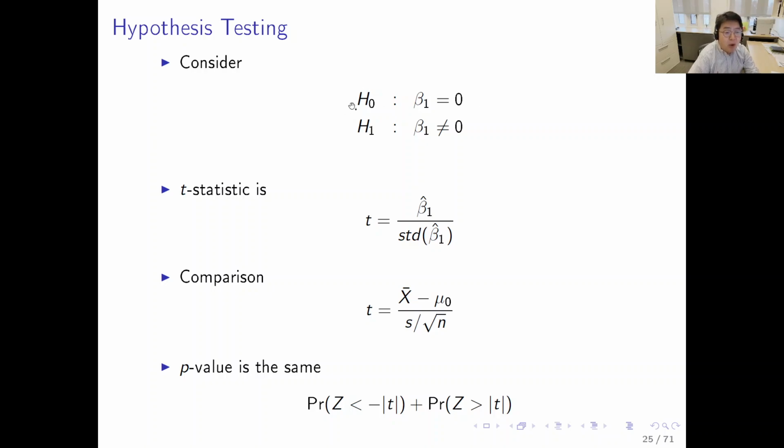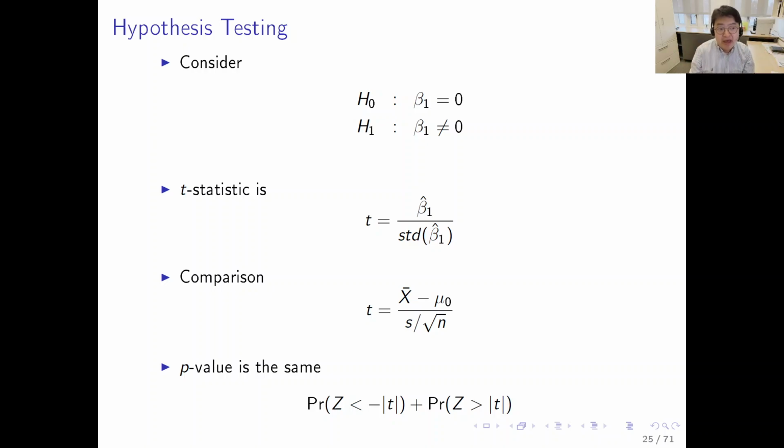So what we are going to do is assume that x is useless, but we hope to reject that hypothesis. And if this hypothesis is rejected, that means x is statistically very significant, like statistically very helpful.